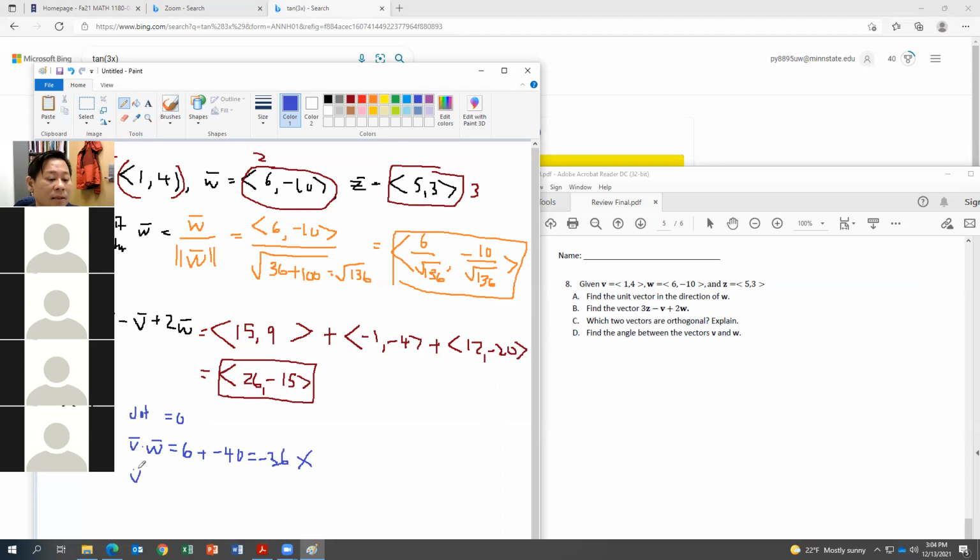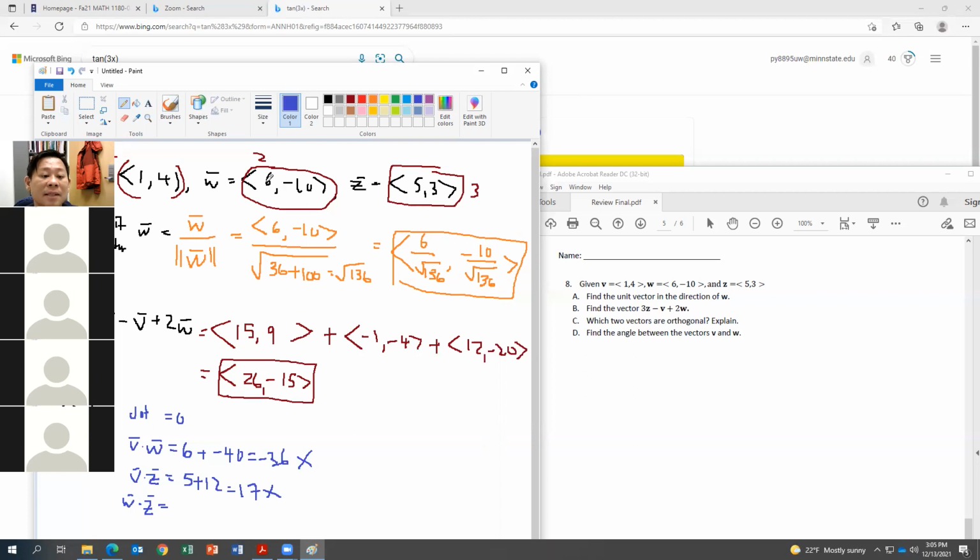Okay. And then you do w and z. So you can do v and z, dot it and see, and then you do w and z. This is how you figure out, and your dot has to be 0. So v and z, when you multiply, 1 times 5 is 5, plus 4 times 3 is 12. This is 17, so this is not orthogonal.